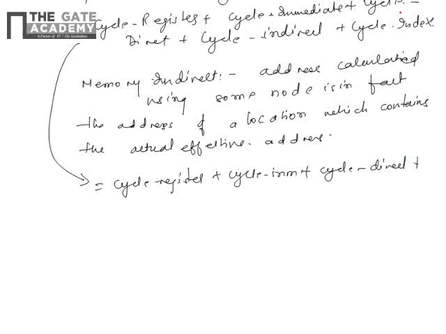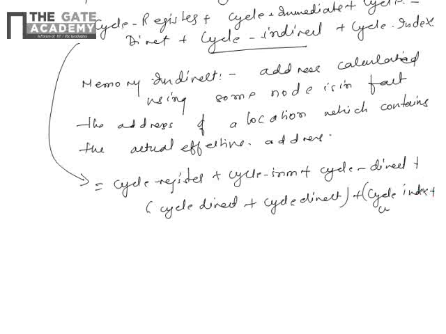Indirect will be broken as 2 cycles considered, and then cycle index will be cycle index plus cycle direct.